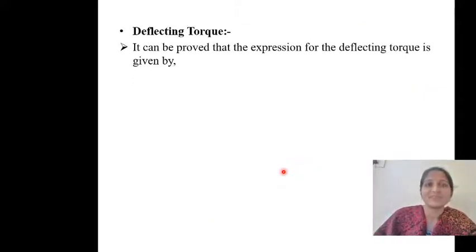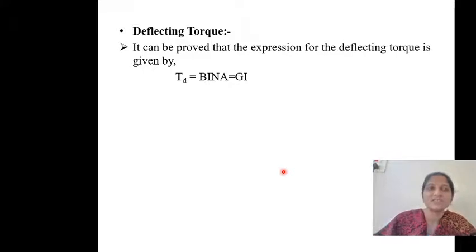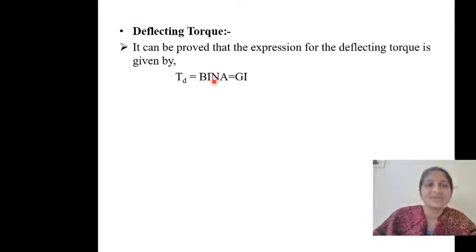So here the deflecting torque is nothing but electromagnetic induction. TD is equal to BINA, as you might be remembering. B is the flux density, I is the current flowing through the conductor, N is the number of turns of the coil, and A is the area of cross section of the coil.